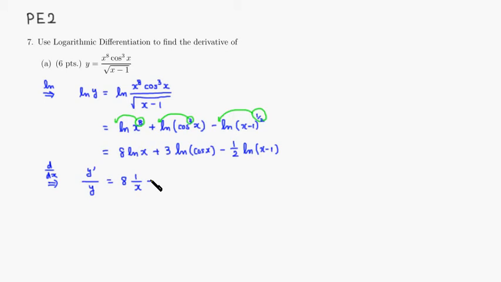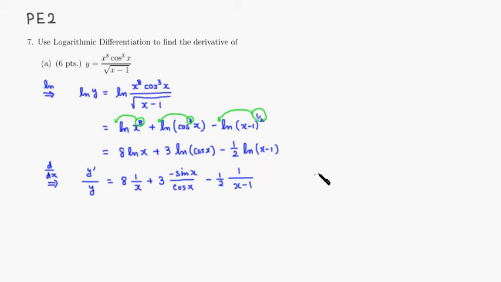Plus 3, and the derivative of natural log of cosine of x is: put whatever is inside the log, cosine of x, on the bottom and its derivative on top, negative sine of x. Then you have a negative 1/2 in front, with x minus 1 on the bottom and its derivative, 1, on top. So that's the derivative of the right hand side.